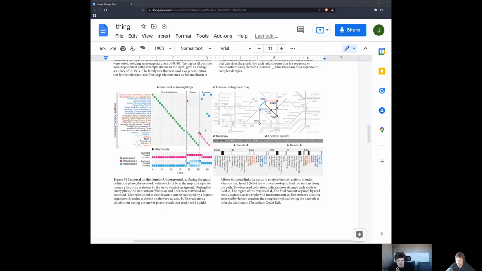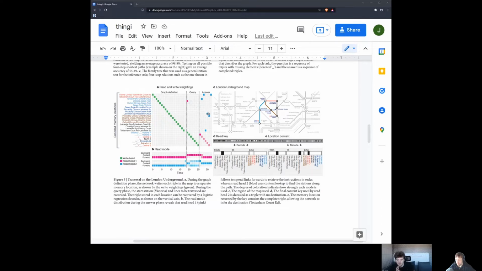Is it still reading in diagonal? What's it reading in? It's reading questions, I guess. Read head 1 is reading in the question, and read head 2 is finding the answer?